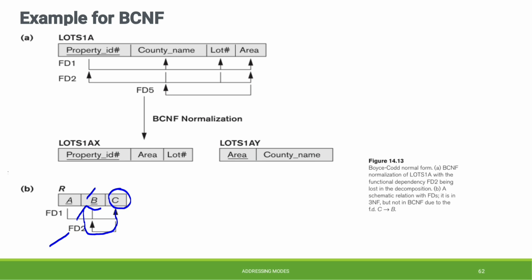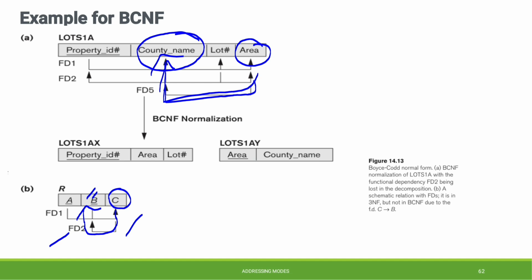They were deciding the value of another attribute C, so C is a non-prime attribute. But in FD2, this non-prime attribute C is deciding the value of prime attribute B. This represents FD5, where area, a non-prime attribute, is deciding the value of a prime attribute, country name.